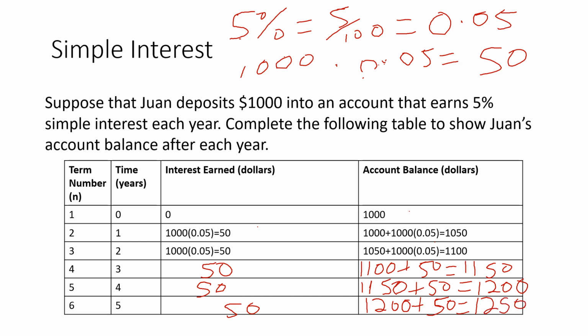Every year it's increasing by 50. Every year you're adding $50.